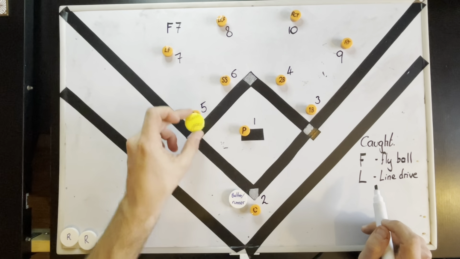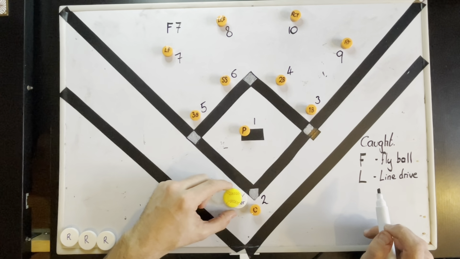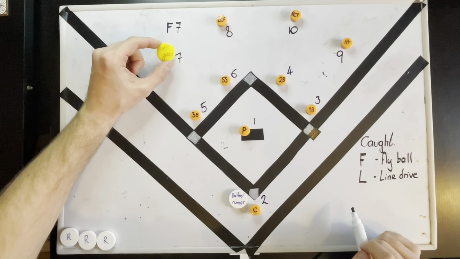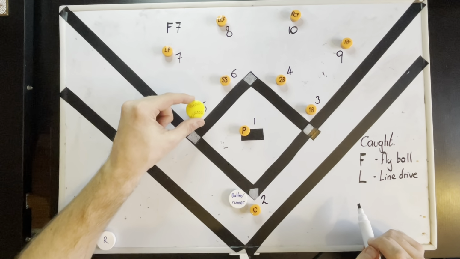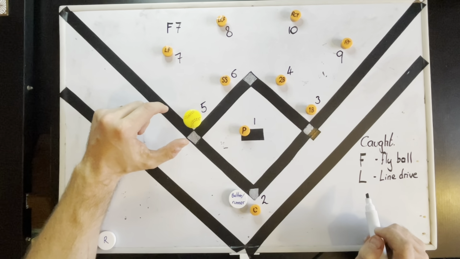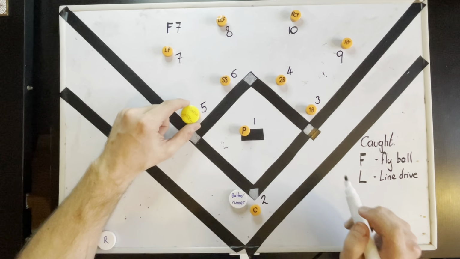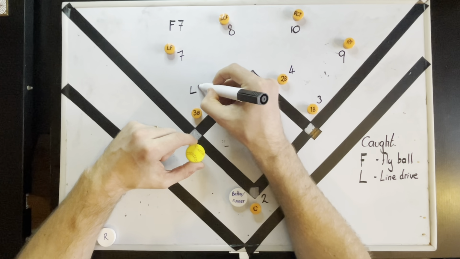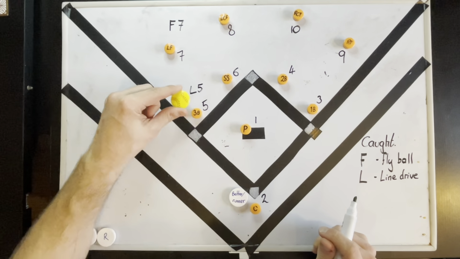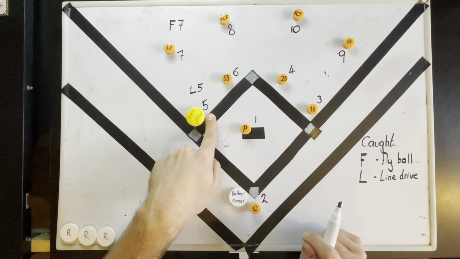A line drive can be caught by the infield, but it'll get to you very quickly. It's a very shallow and very hard hit ball. So if the ball is hit towards third base, bang, third base has got their clean underwear on because it comes very, very quickly. But if it's hit straight to third base, you might record what's called an L5, a line drive caught by number 5, the third baseman.